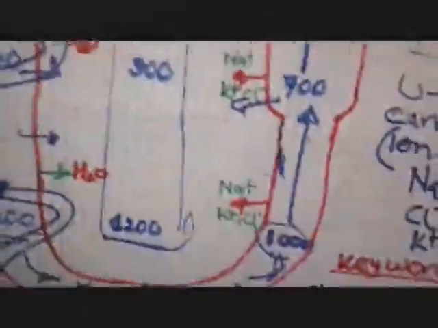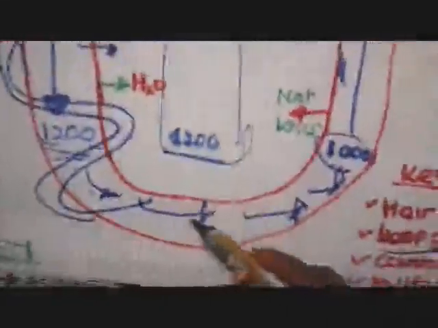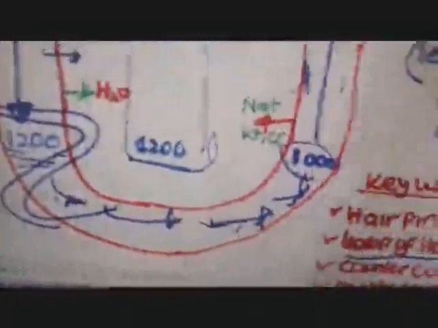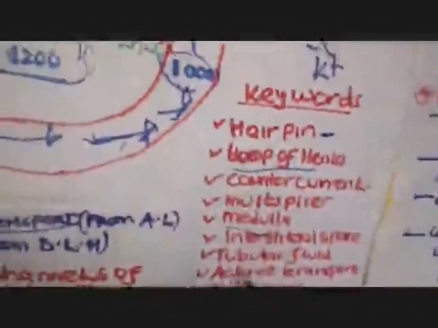Then interstitial space, that is all of the space here in the medulla region. Tubular fluid, that is the fluid flowing, the one shown by the arrows, in the loop of Henle and the overall nephron.